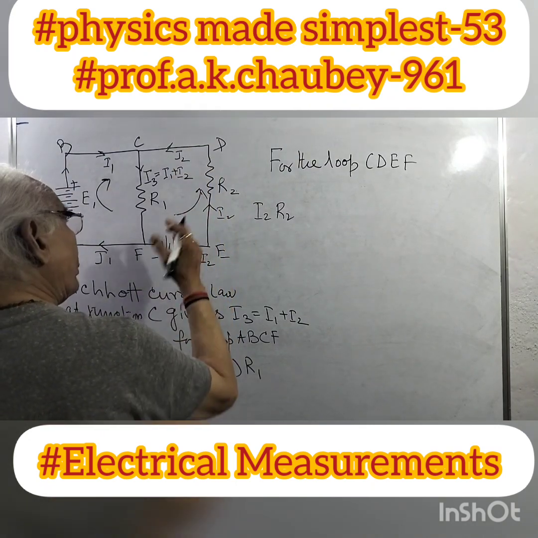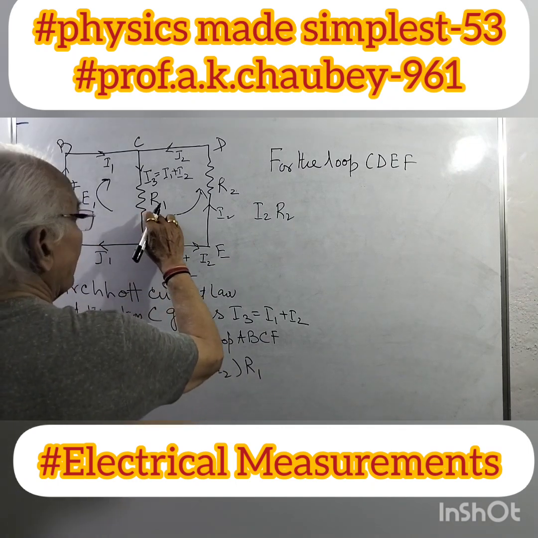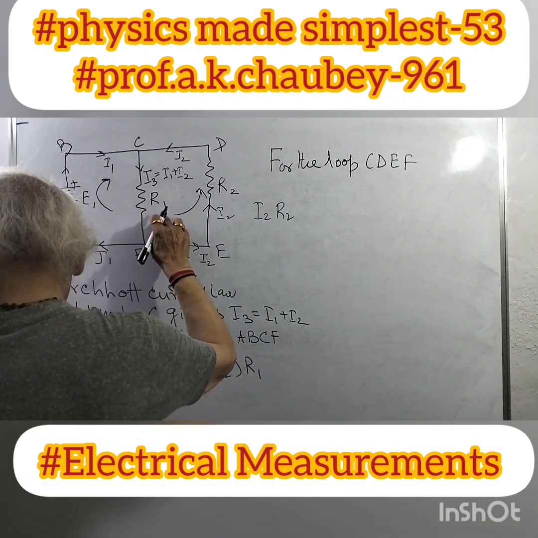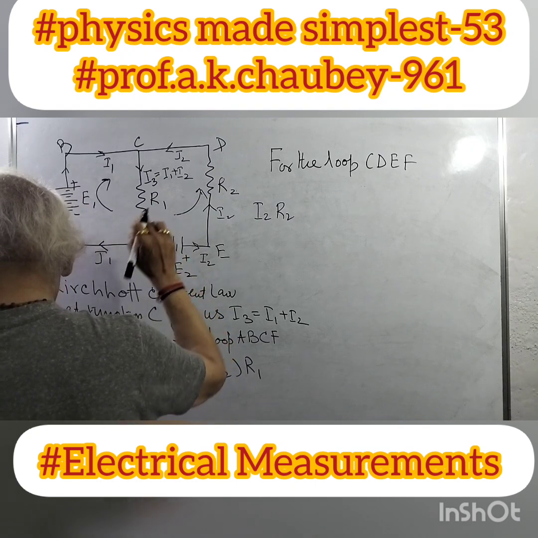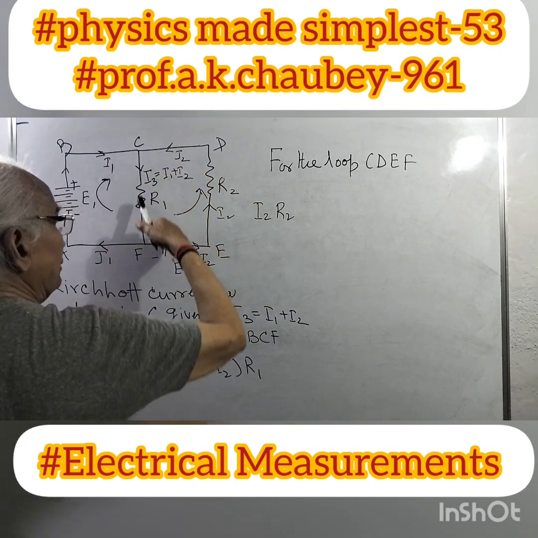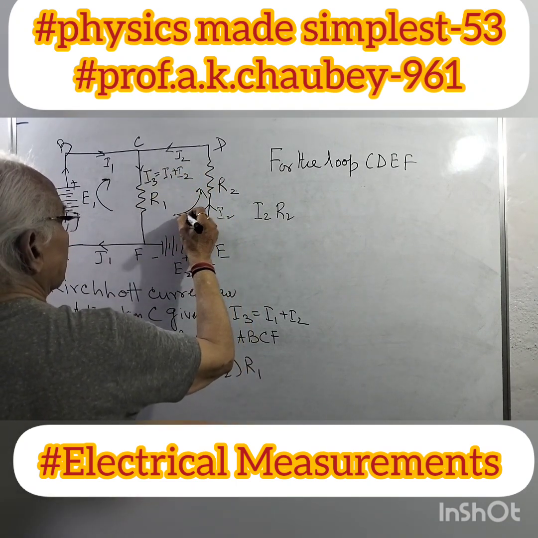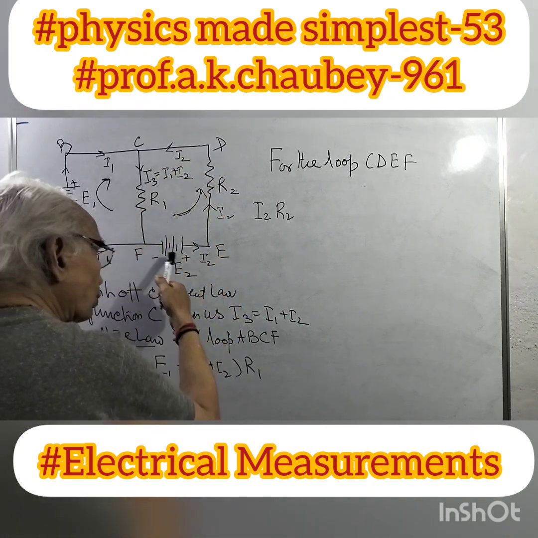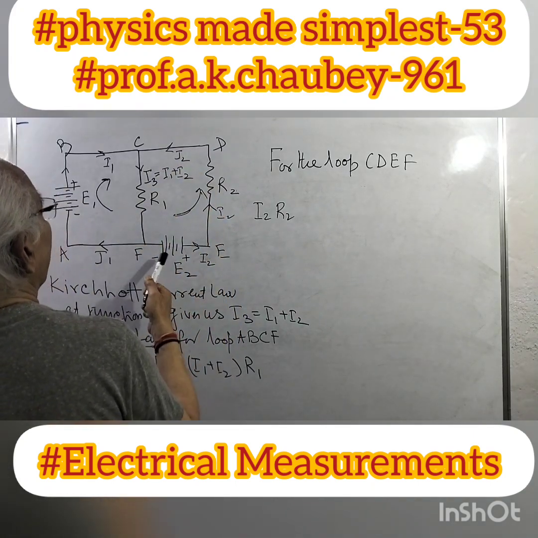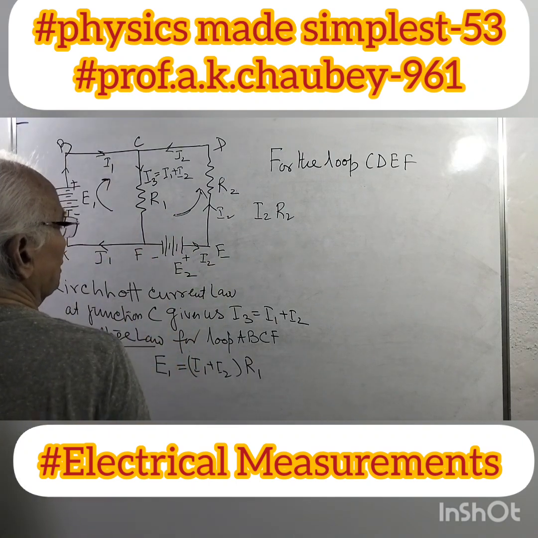Both are opposite voltages direction-wise. And here the current is I1 plus I2 through R1, in the same direction in the loop like this. But the current flowing through the battery goes from minus to plus.